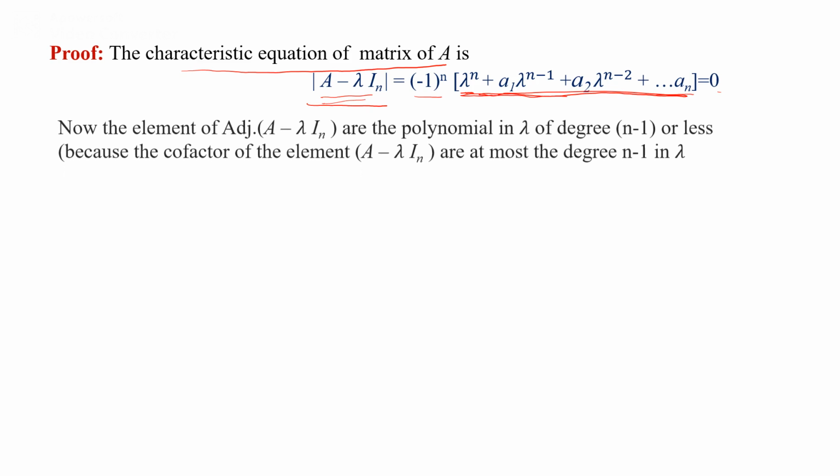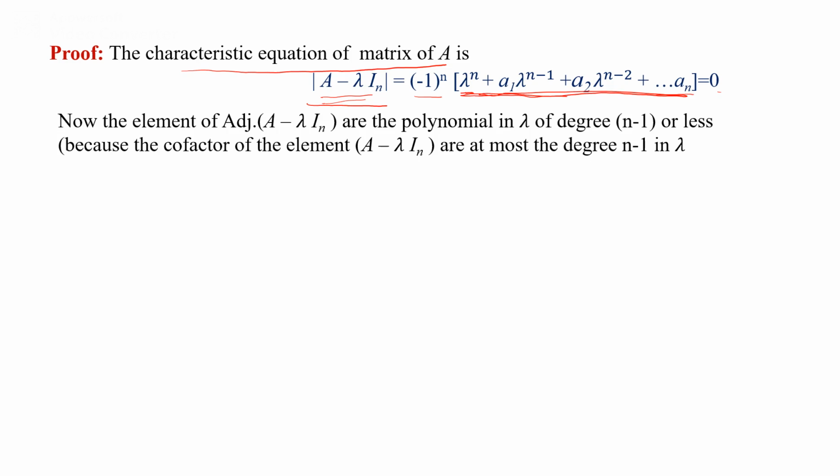Now the elements of the adjoint of the matrix A minus lambda I are polynomials in lambda of degree n minus 1 or less, because the adjoint is a cofactor matrix, and the cofactors are at most of degree n minus 1 in lambda.